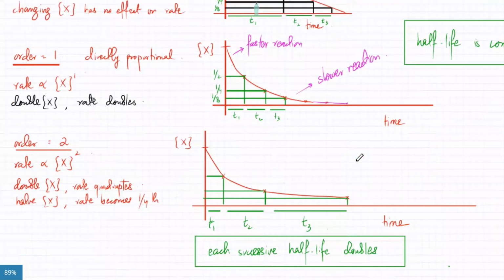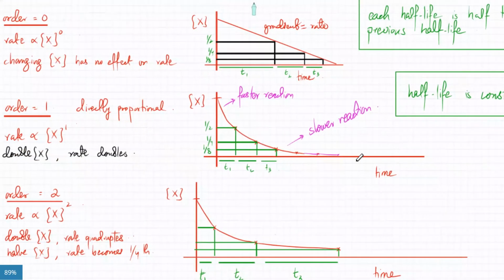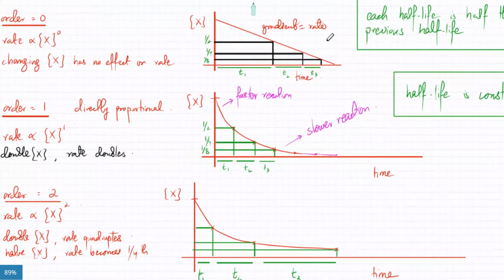So yesterday we discussed the half-life method, for all these 3 graphs. In order 0, the half-life always becomes half of the previous half-life. It decreases. The half-life is the time it takes for the concentration to decrease by half. Then the next time it decreases by half, that's the time required for that. And then it decreases by half again. So that is what the half-life is.